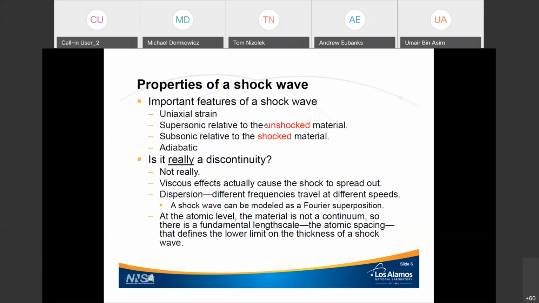So the material doesn't know what's coming until it gets hit. The shock wave is subsonic relative to the shocked material, and the shock wave is adiabatic.